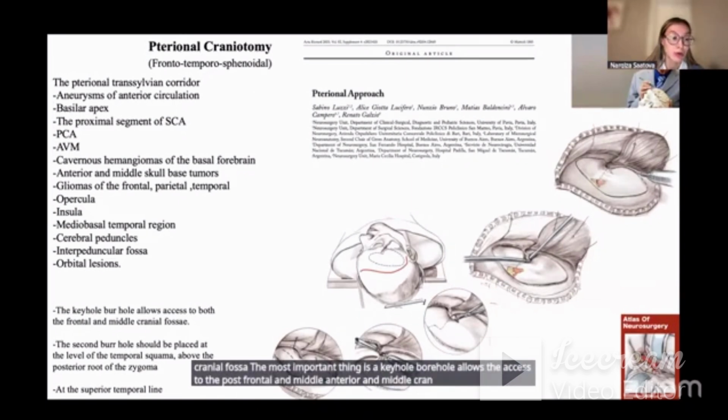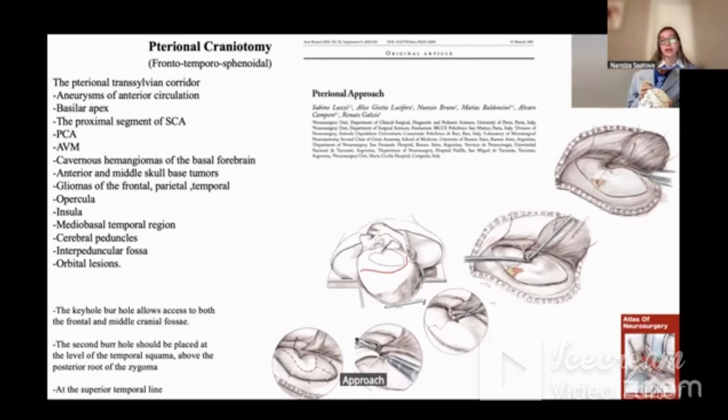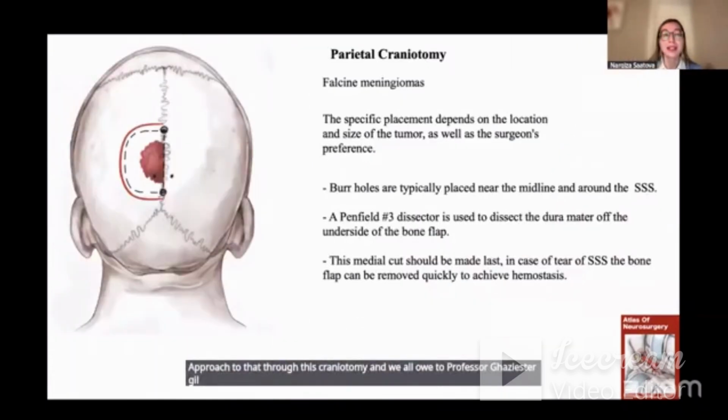The second borehole should be placed at the level of the temporal squama above the posterior root of the zygoma, and sometimes you can put the borehole at the superior temporal line. As you see, there is a large number of lesions that can be accessed through this craniotomy, and we all owe to Professor Gazi Yasargil for this invention.